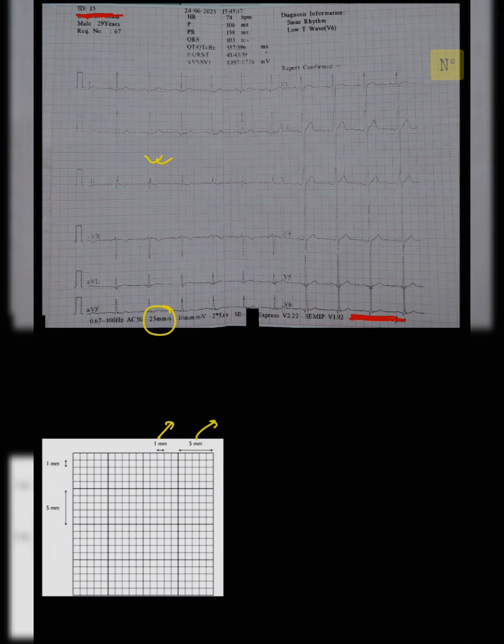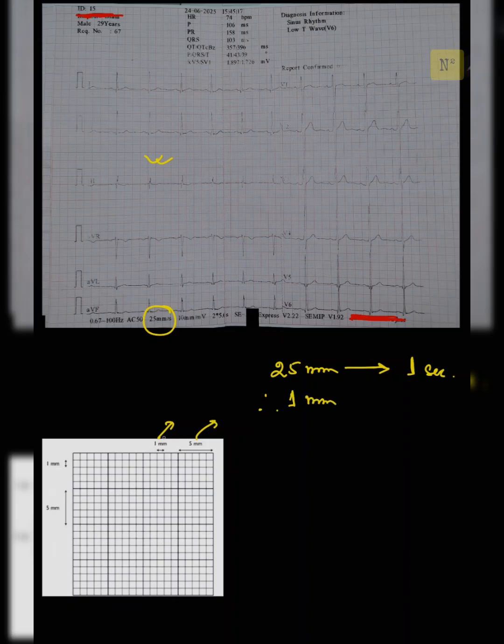Now I told you the speed is 25 millimeter per second, right? To travel 25 millimeter it takes around 1 second. So that tells me the time taken by the ECG strip to travel 1 small square.